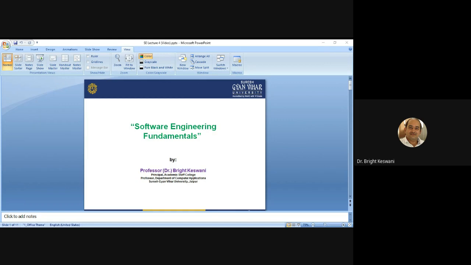Through the feasibility study, you can find out whether your proposed project is considerable or not, whether it is technically considerable or not, operationally considerable or not, politically considerable or not, economically considerable or not.